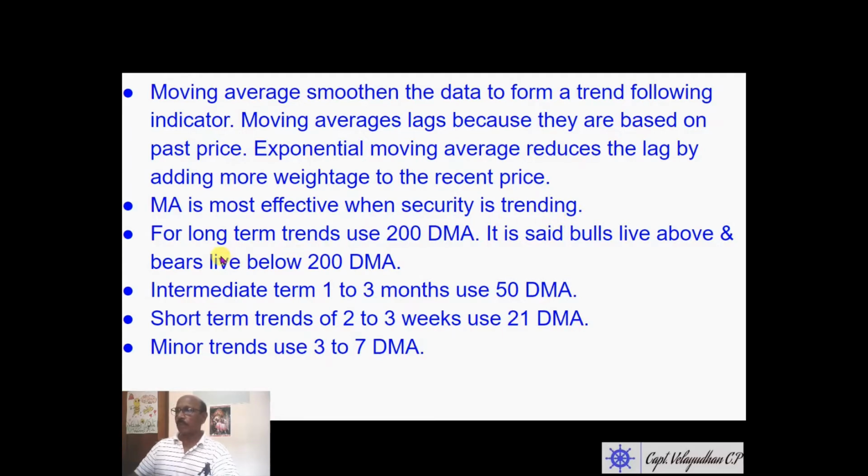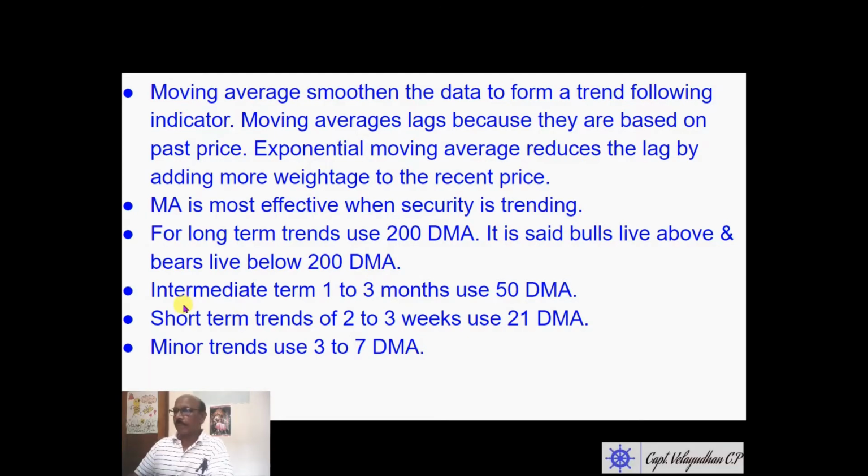For long term trends, use 200 moving average. This is DMA, meaning day moving average. It is said that bulls live above the 200-day moving average and bears live below the 200-day moving average.